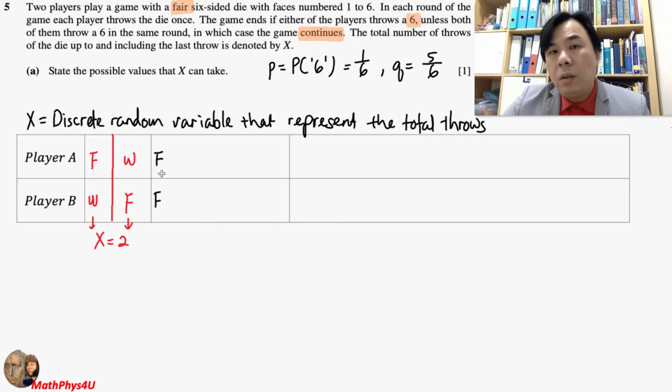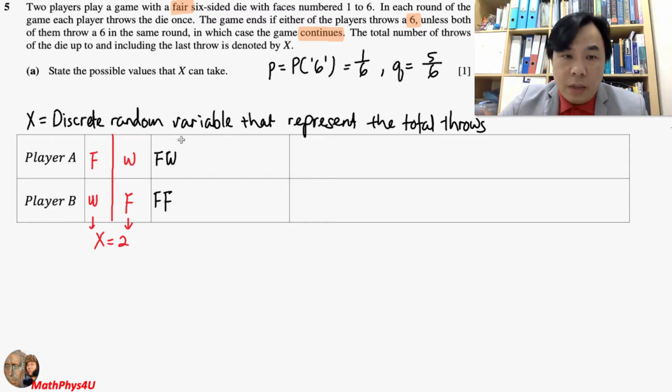So if both of them fail to get a 6, then the game would continue. Now we are still in the same round here. Once we continue, we find that player A, for instance, wins, whereby player B failed. Then the game ended because we have found the winner already.